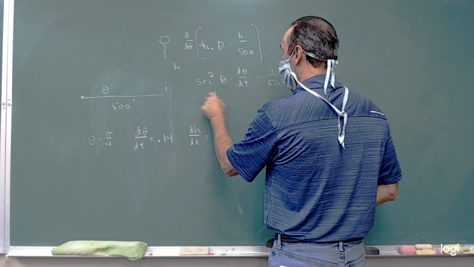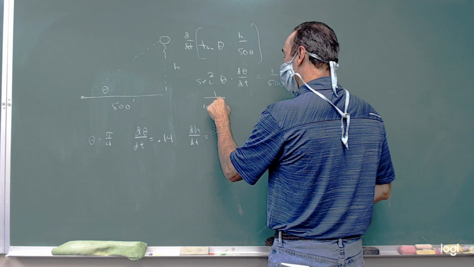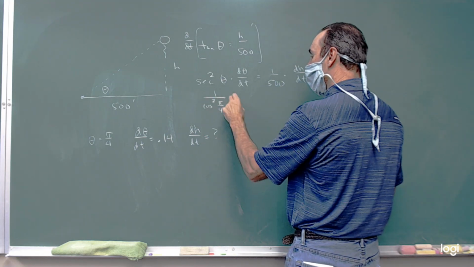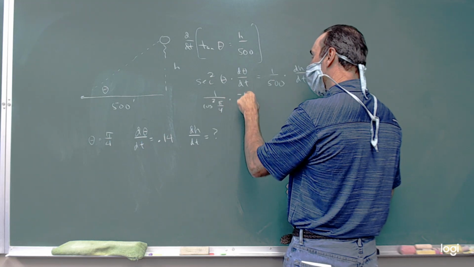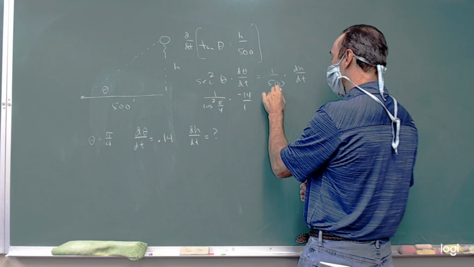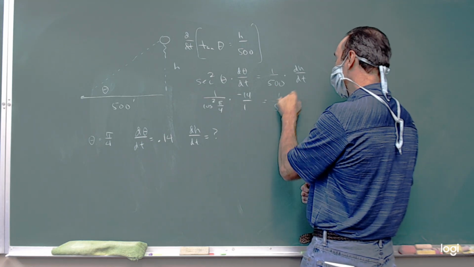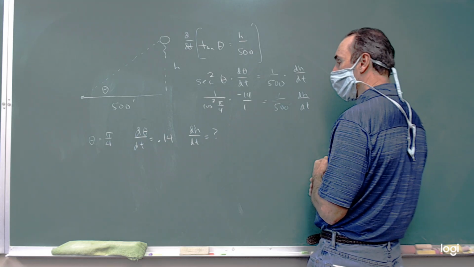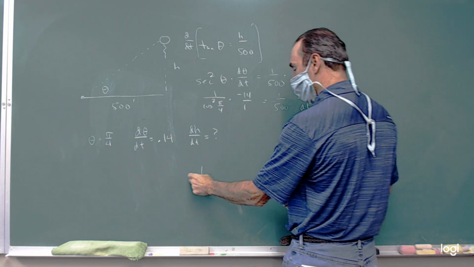So secant is 1 over cosine. So we want the cosine of pi over 4 squared. And we're going to try to solve for the dh dt here. So let's see. Cosine of pi over 4, what's that?